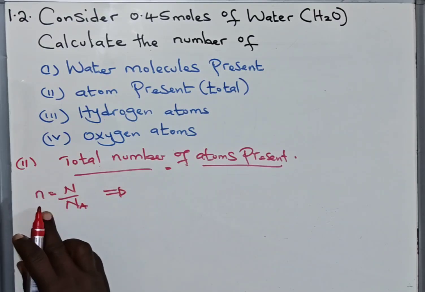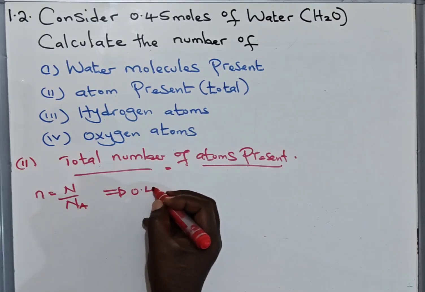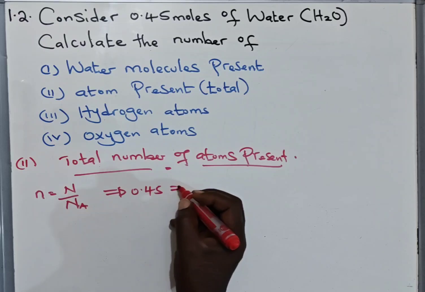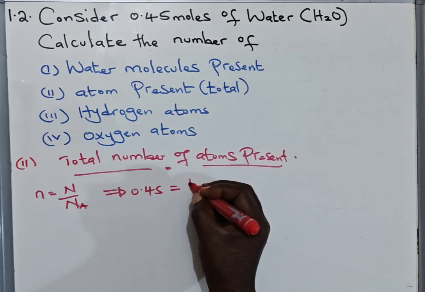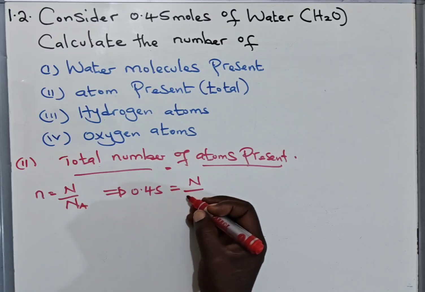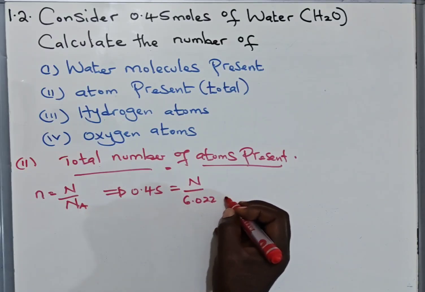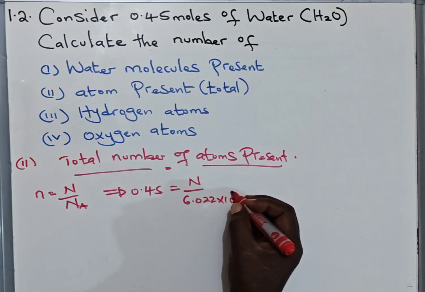The number of moles is 0.45, and the number of molecules is N divided by Avogadro, which is 6.022 times 10 power 23.